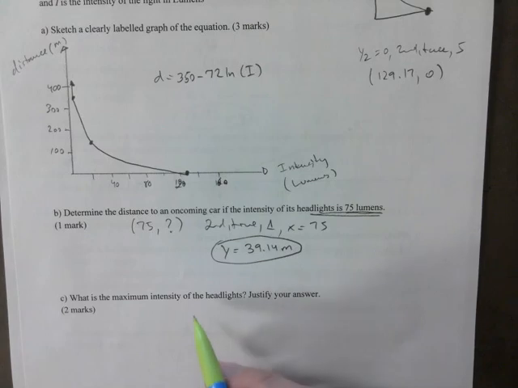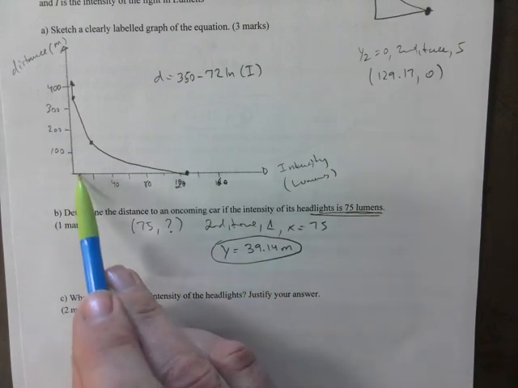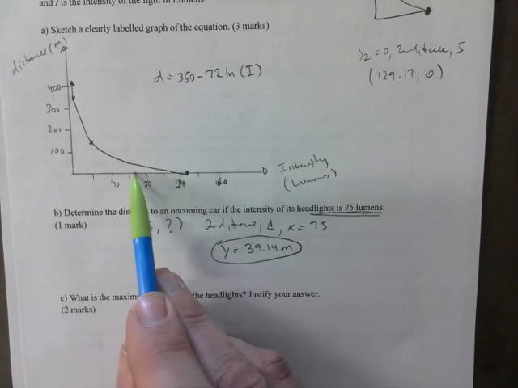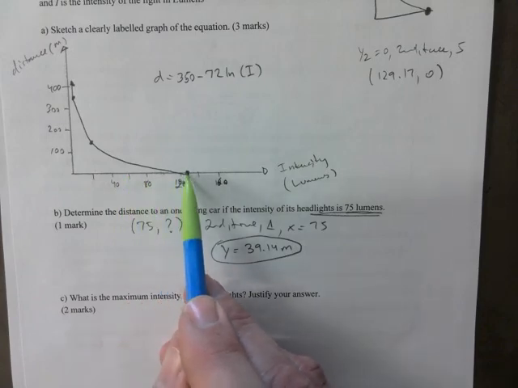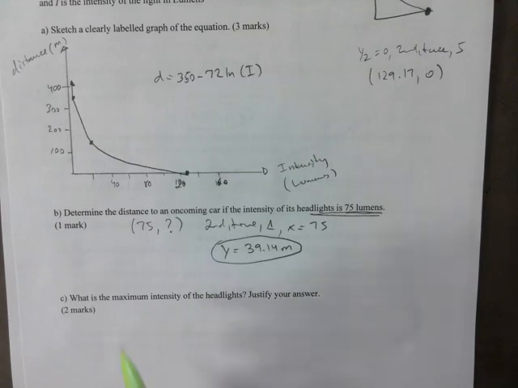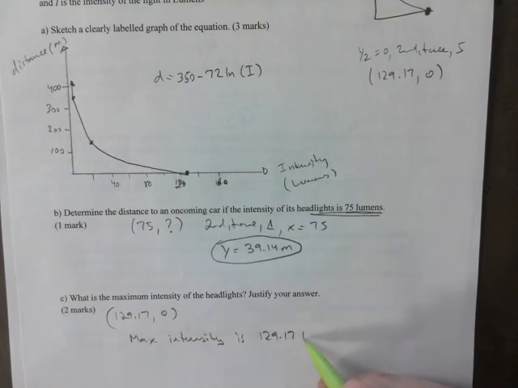What is the maximum intensity of the headlights? Justify your answer. Intensity is along the x-axis, right? So what's the maximum intensity in this case? It's the x-intercept right here. So it's 129.17. So maximum intensity is 129.17 lumens, okay?